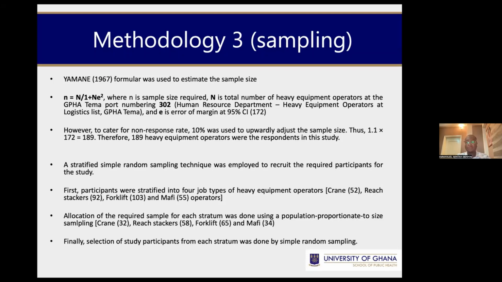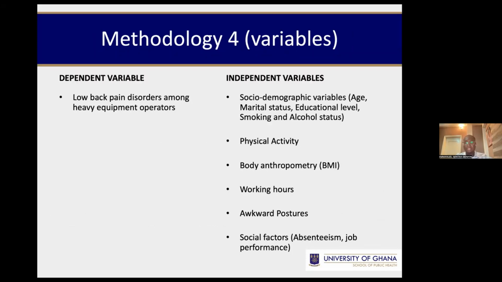Allocation was done using population proportionate to size sampling, and we had 32 for crane, reach stackers 58, forklift 65, and Murphy 34. The final selection of participants into the study was done using random sampling.